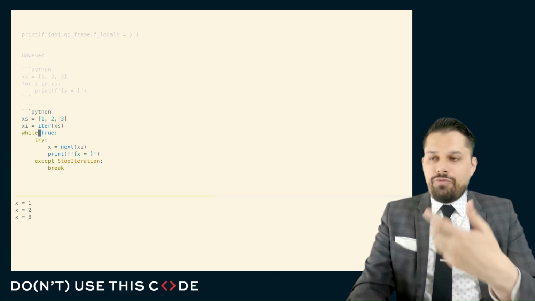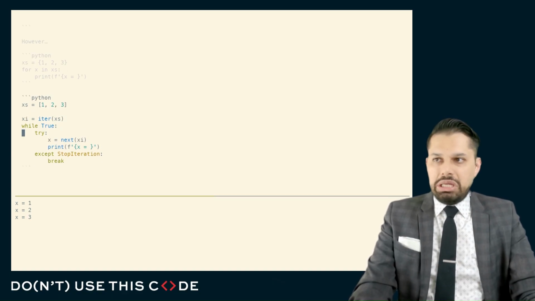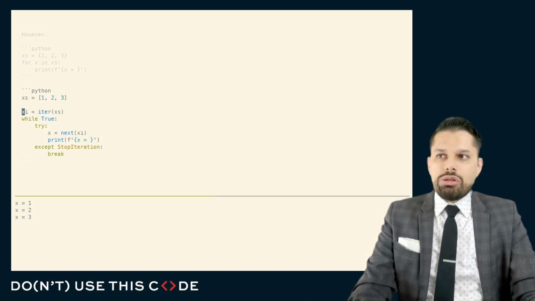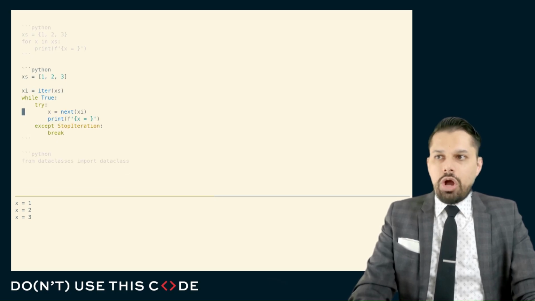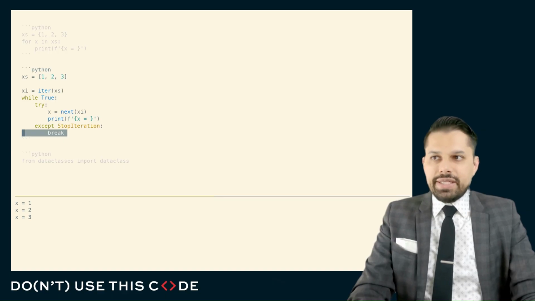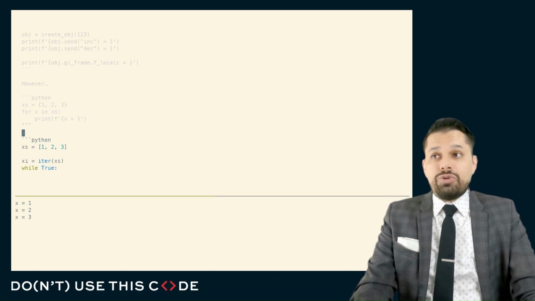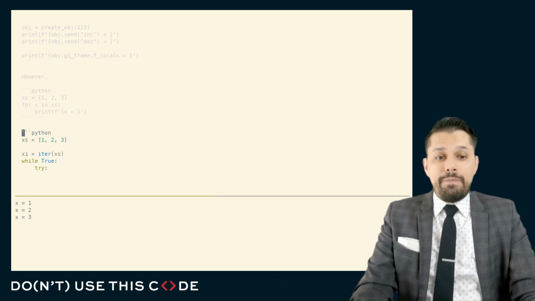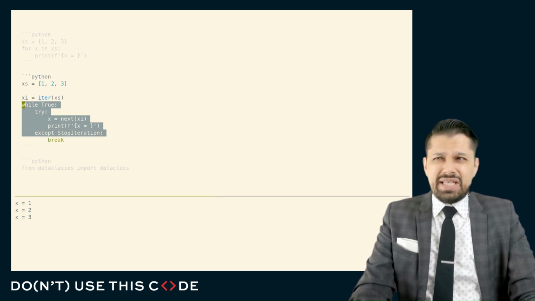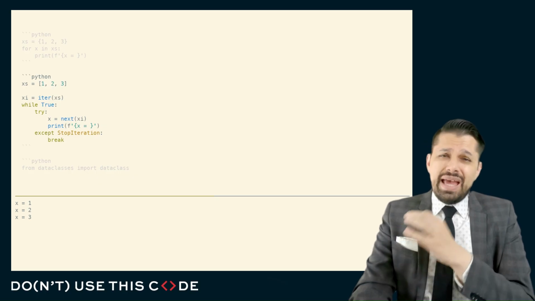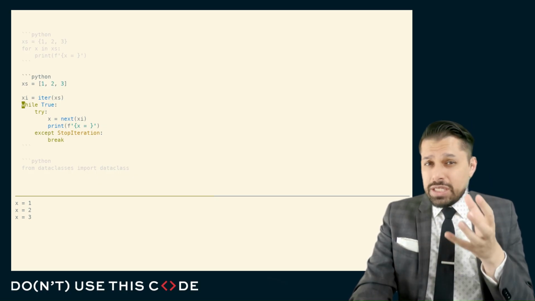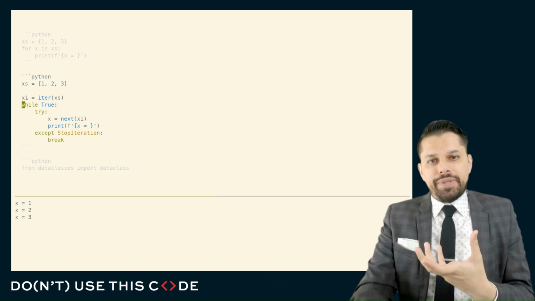For example, for iteration, we all know that iterating over something is the equivalent of calling the iter method and then calling the next method in an infinite loop, looking for a StopIteration which indicates whether you should break out of this loop. And so if we run this code, we get the exact same results as if we iterate over it manually. Now, it's probably the case that we would very rarely write this code. And in fact, this transformation is useful when we do a lot of work with generator coroutines.